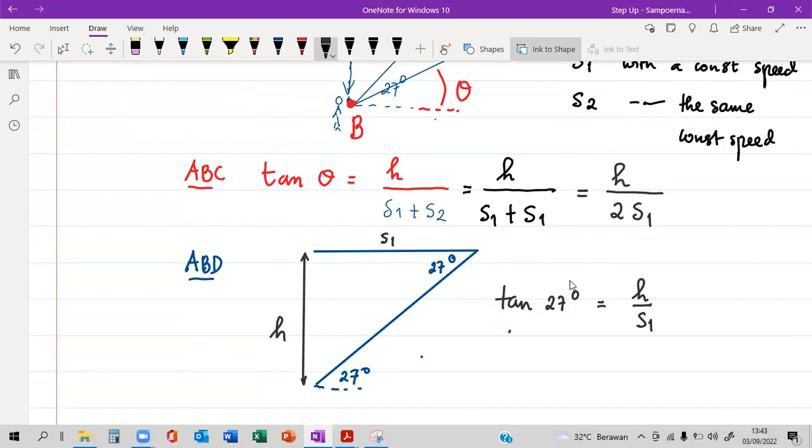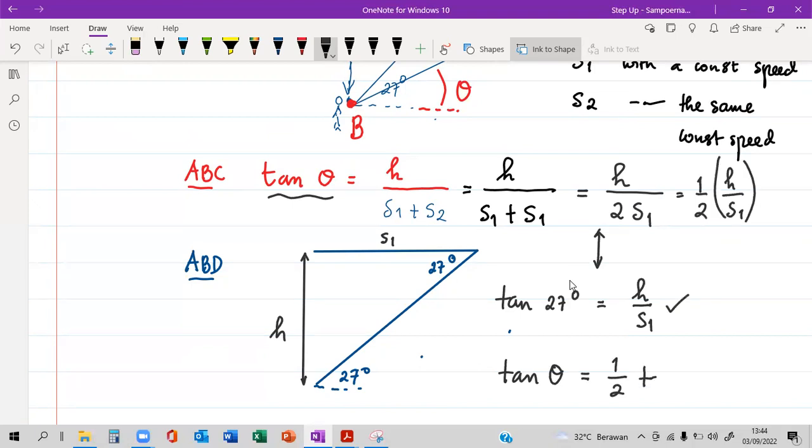Please compare now our tangent theta, which is height over S1 divided by 2. What relationship do you have between tangent theta and tangent 27 degrees? Tangent theta has 2 S1, tangent 27 only has 1 S1. That's right. Tangent theta is equal to 1 over 2 times h over S1, which is tangent 27 degrees. Am I right?